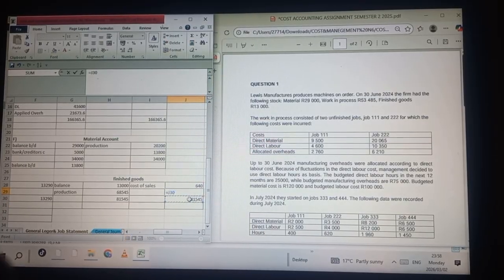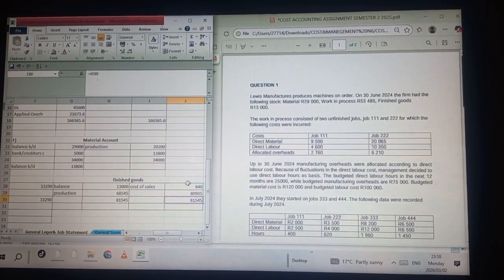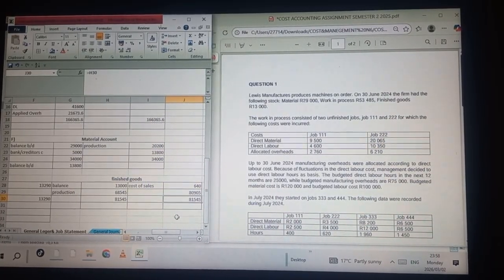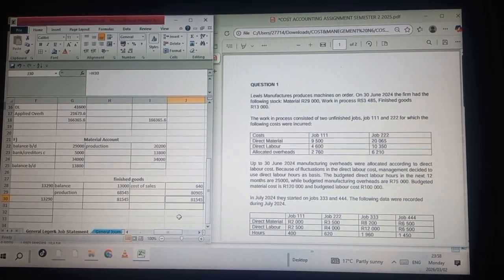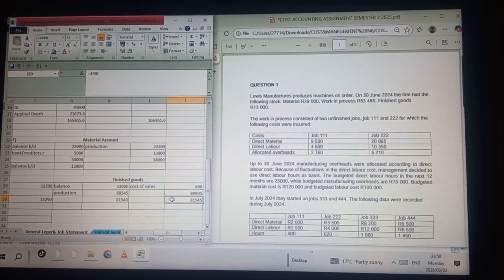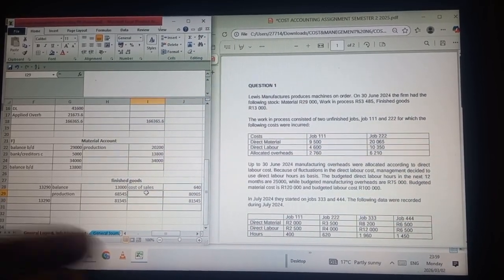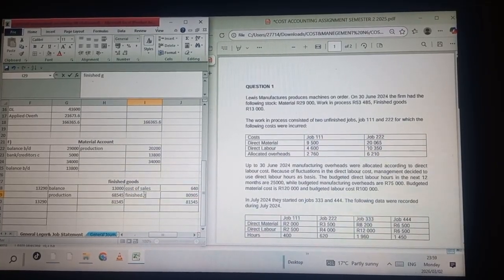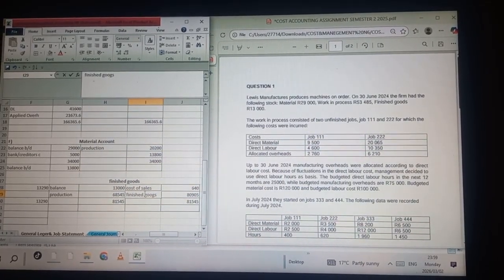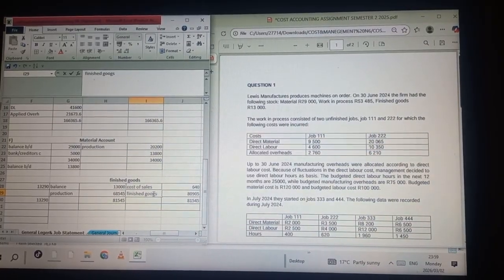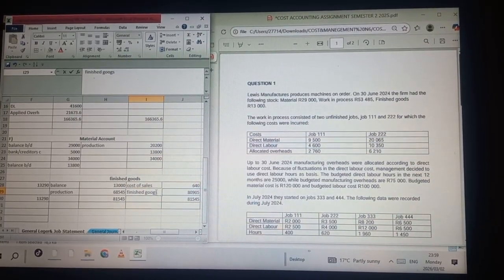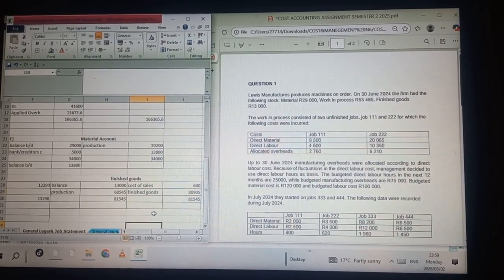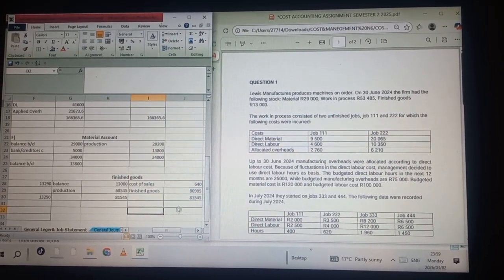The difference is finished goods. You can just say finished goods. This is how you treat your finished goods account.